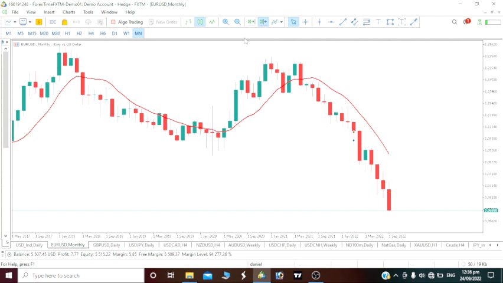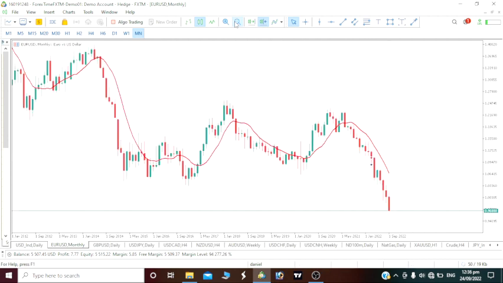If interest rates continue to increase, then the USD will continue to rise, and the euro will continue to drop. So on the monthly time frame, we are still bearish. If you want to trade it on the monthly time frame, you can go bearish, but be expecting a correction, which we might not have anytime soon.